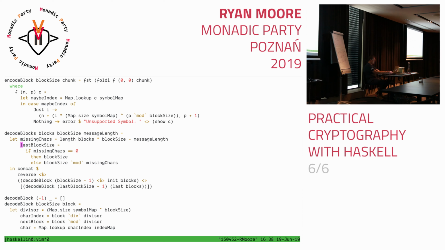Then, if we have 0 missing characters, we're fine. That means that the same block size can be used for the last block as every single other block. Otherwise, we want to mod the block size of the other ones by the missing characters to get the number of computations that we need to achieve.